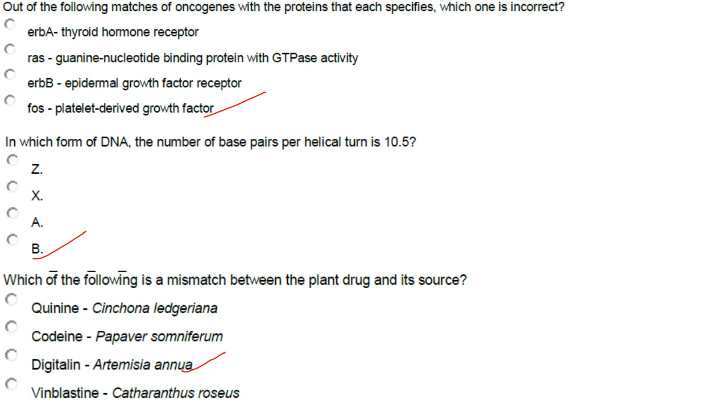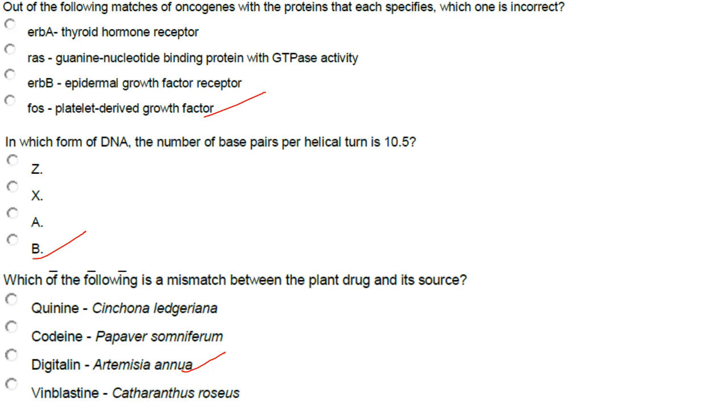Next one. Out of the following matches of oncogenes with the proteins that each specify, which one is incorrect? FOS protein encoded by the C-FOS gene is part of the AP1 transcription factor.